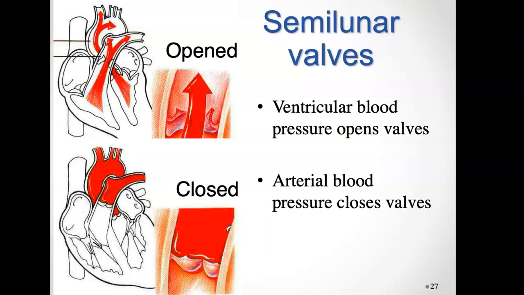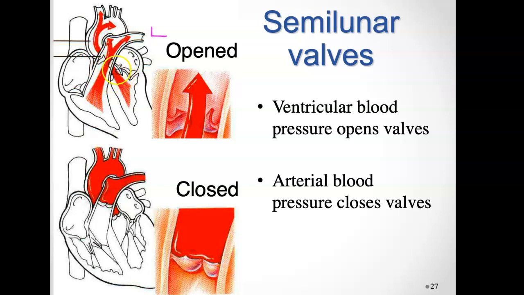What about the semilunar valves? The semilunar valves are those that are placed at the base of these major arteries. Which ones? Well, here is the pulmonary trunk, and out goes blood over to the lung, correct? And there is one semilunar valve at the base of the big vessels. What's the other vessel? The aorta.